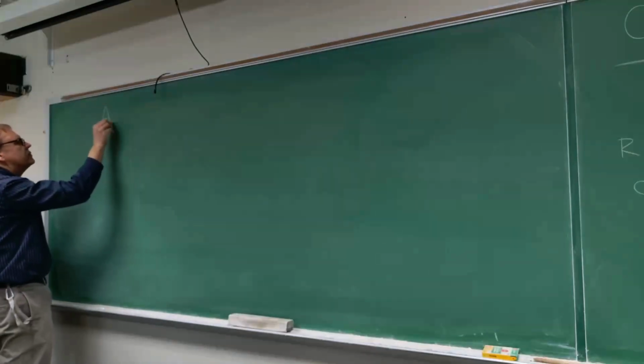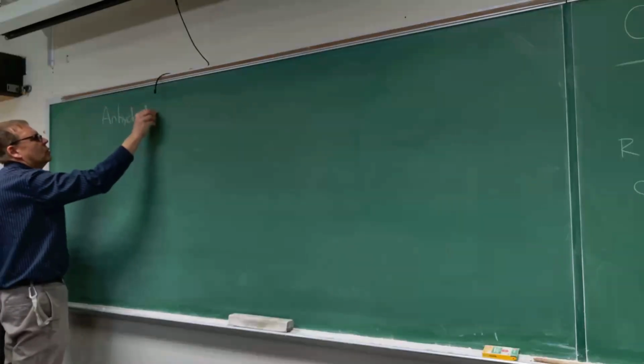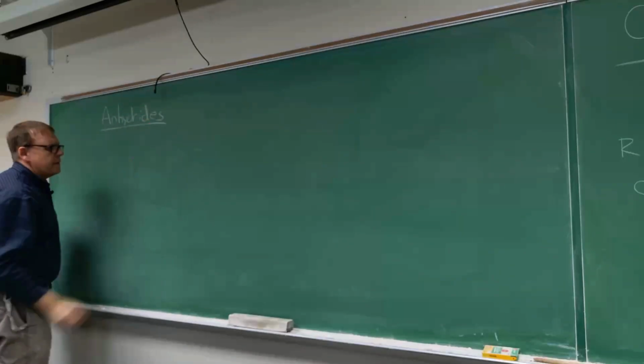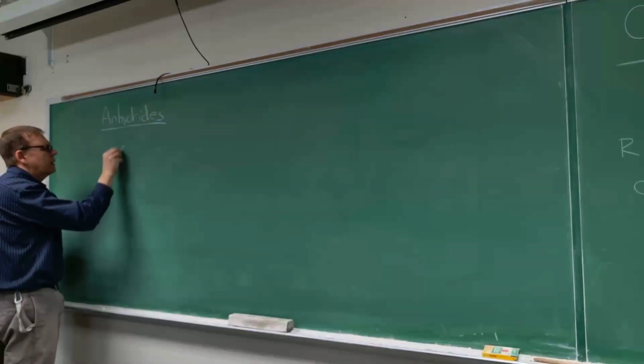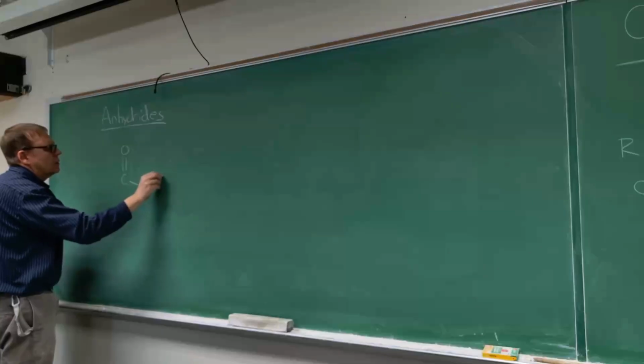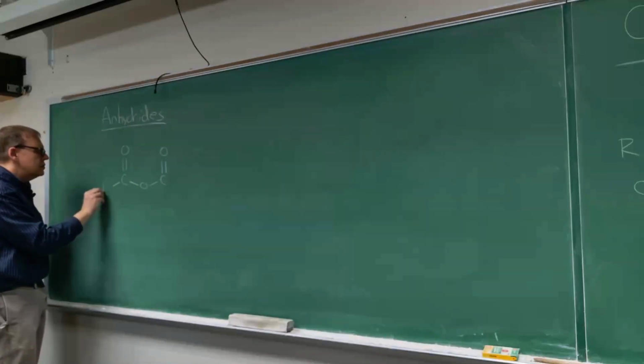So anhydrides, we'll start off with that one. There are different kinds of anhydrides. You can have an anhydride where the two R groups are the same as each other.